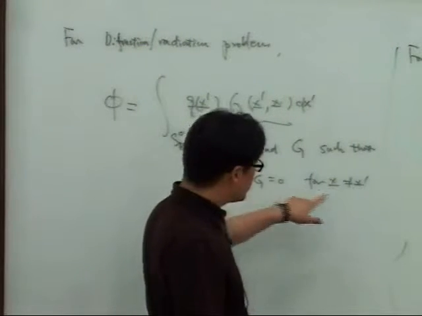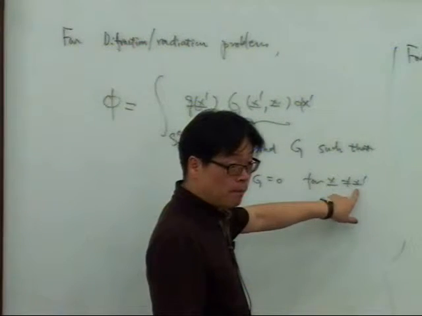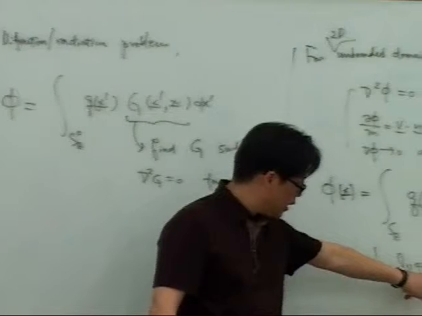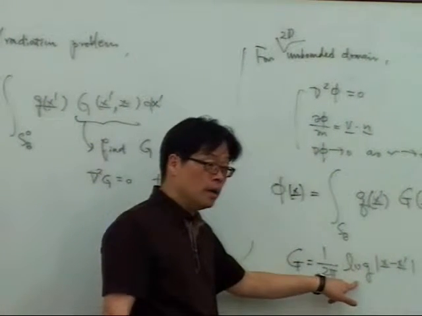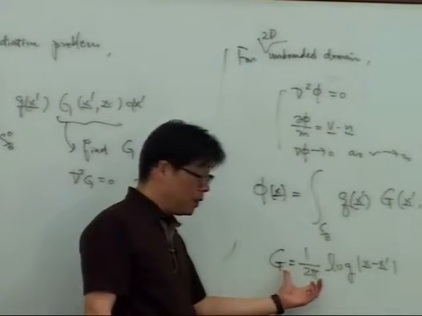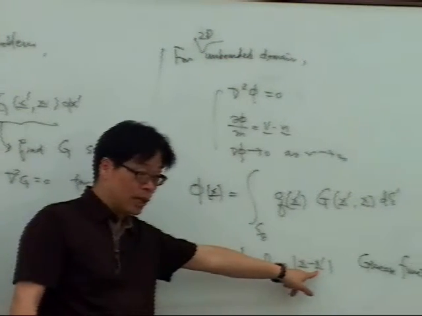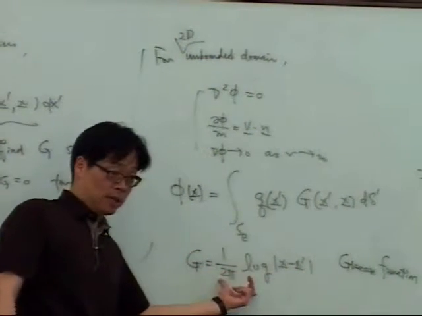it satisfies the Laplace equation, except when x is x prime. As we can see here, if x is equal to x prime, this guy blows up, and therefore it doesn't have any meaning. But if x is not equal to x prime, then this satisfies the Laplace equation.